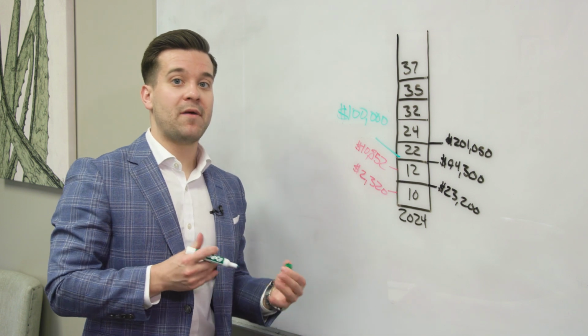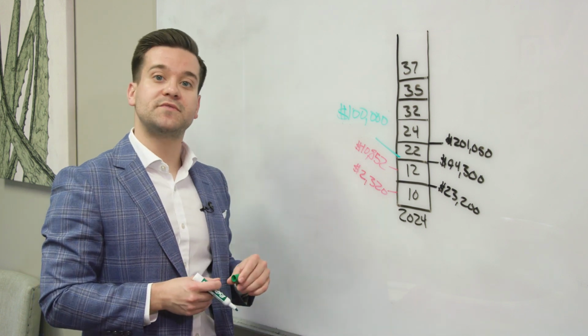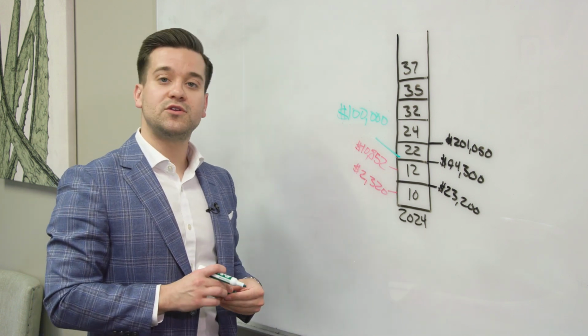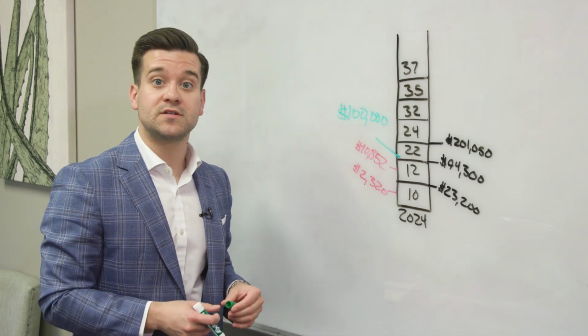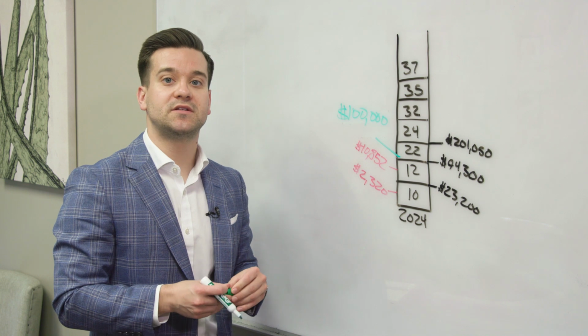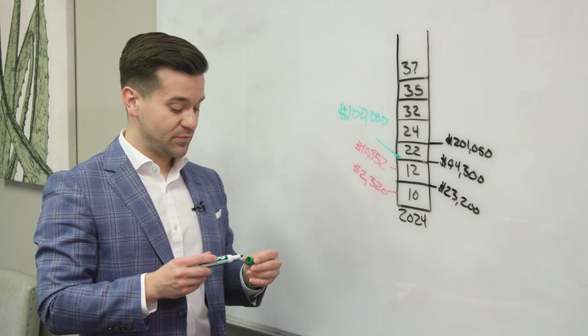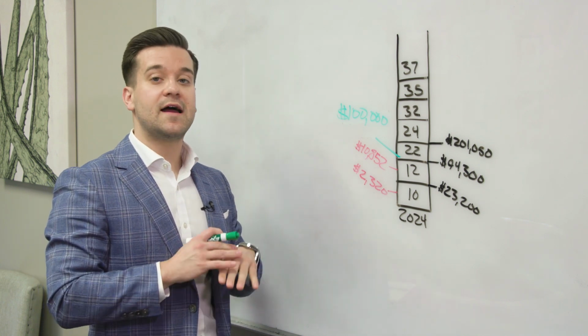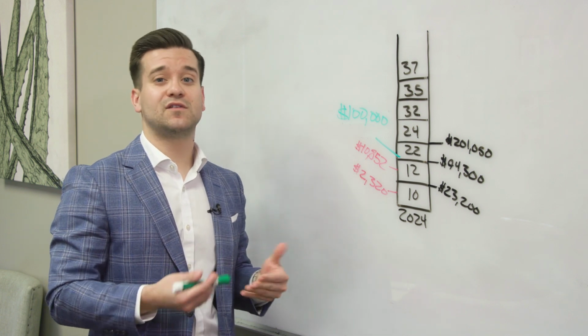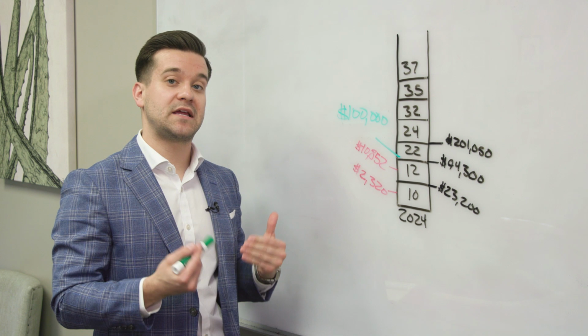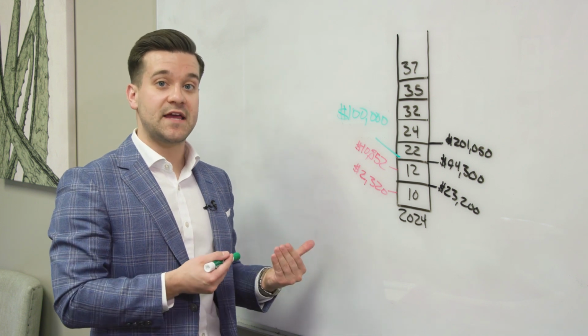So some might think, well, if I have $100,000 of taxable income, I'm in this 22% tax bracket. John, my effective tax rate's 22%. I'm paying $22,000 in federal taxes for that particular calendar year. Absolutely not. That is not the case. Your effective tax rate is actually going to be substantially lower in this example.